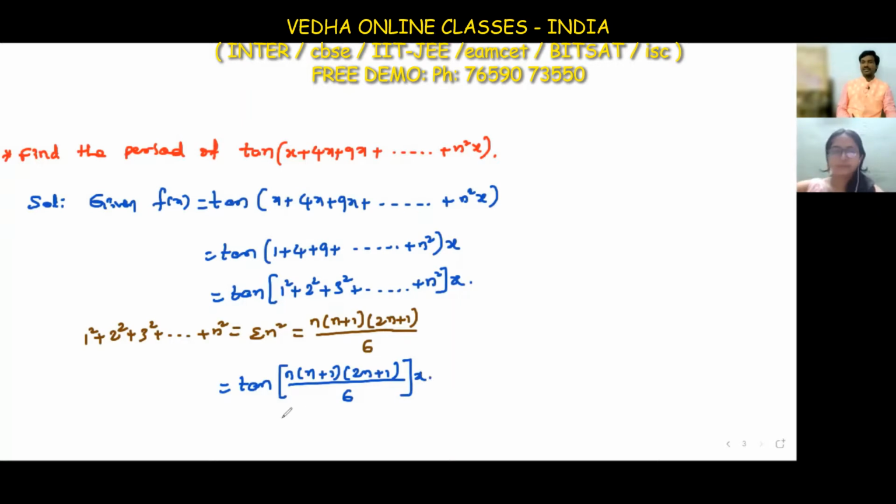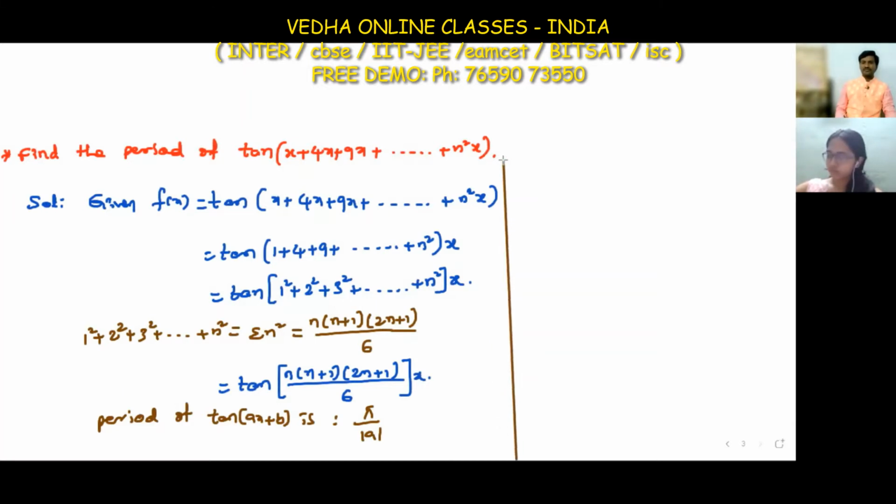So the coefficient is that of x. Now the period of tan of (ax plus b) has the formula pi by mod a. If we apply the same formula here, pi by mod a, a is nothing but the x coefficient. We take the x coefficient.